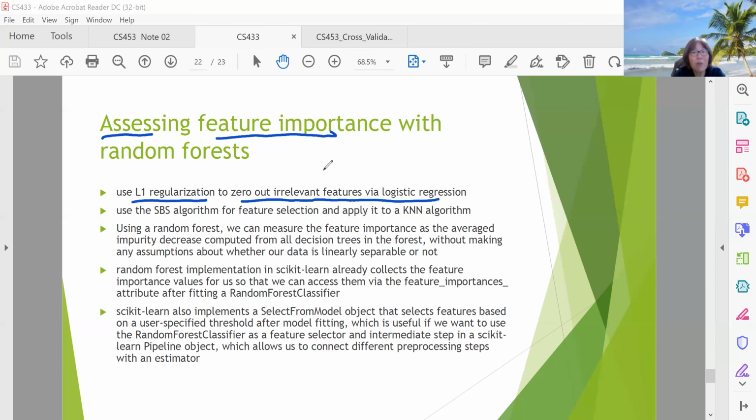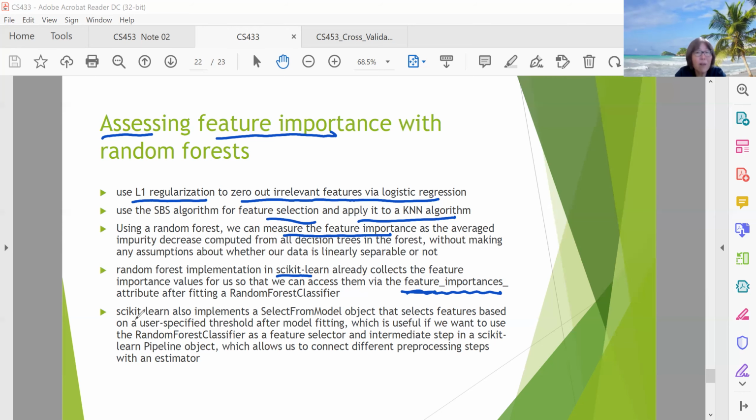You can use logistic regression to filter out features, use SBS for feature selection, then apply it to KNN. Using random forest, we can also measure feature importance. In sklearn, it's through the feature importance attribute, and then we can directly get the idea of feature importance.